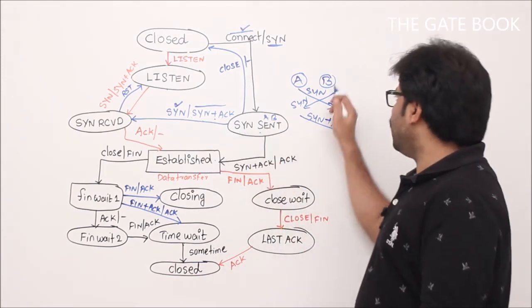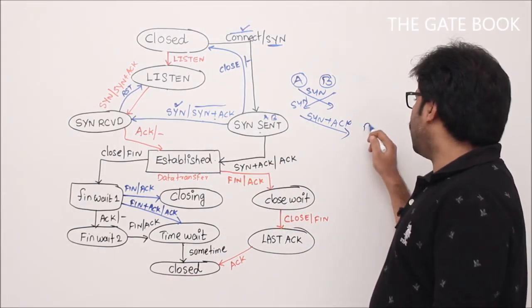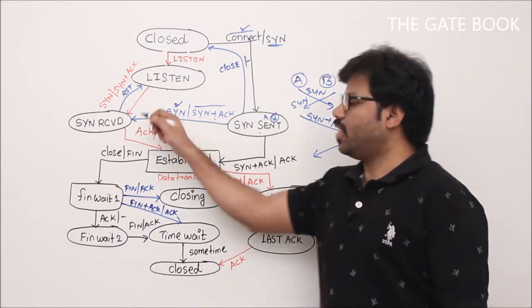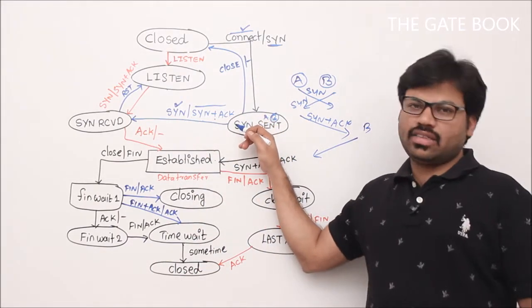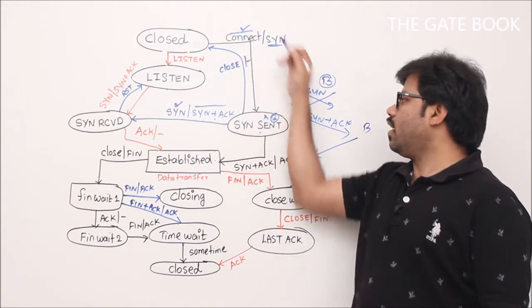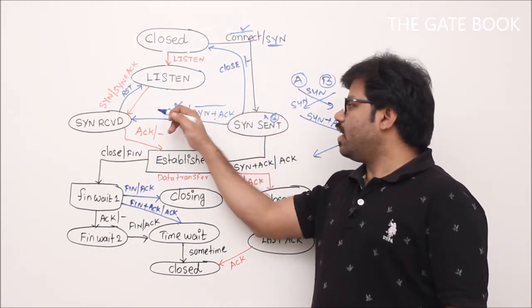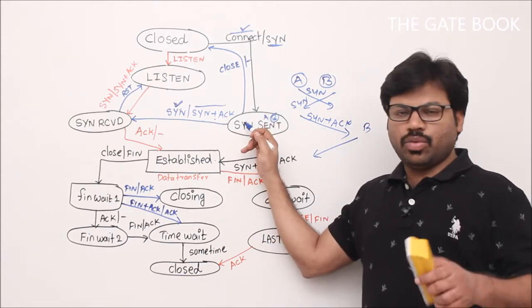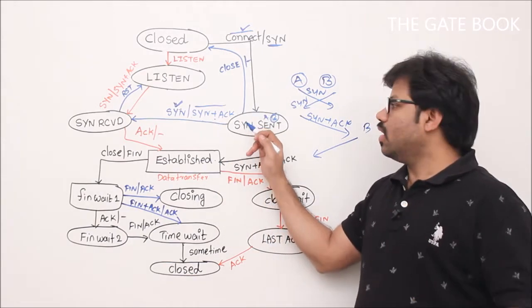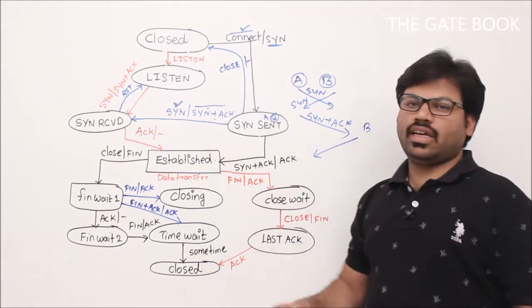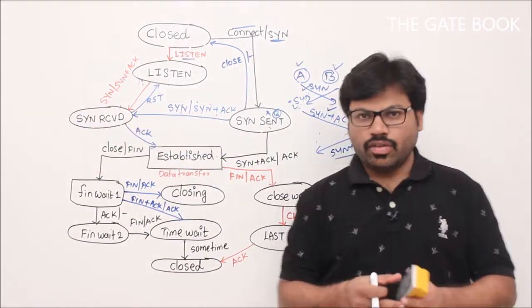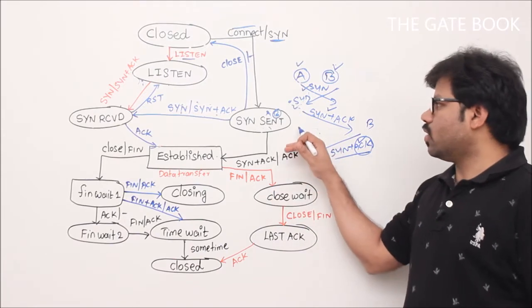At the same time, B is also sending SYN plus ACK. B is at the SYN sent state after sending SYN, and if it gets a SYN again, it understands there is a possibility of simultaneous SYN, so it immediately sends SYN ACK. So A and B both go to the SYN received state.